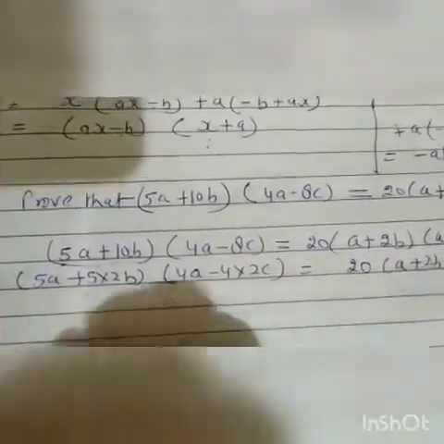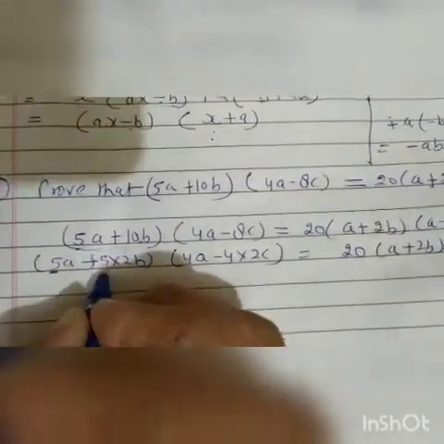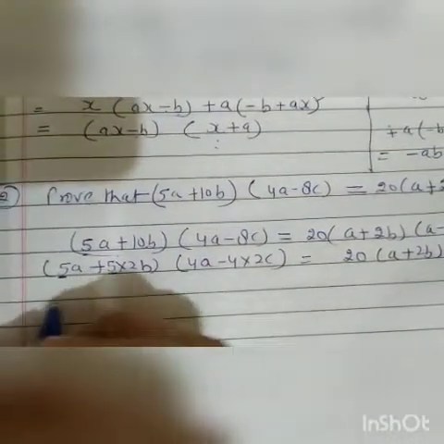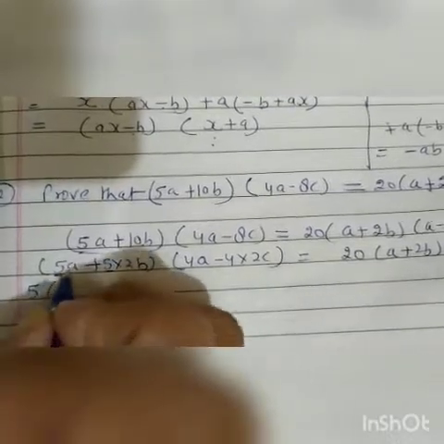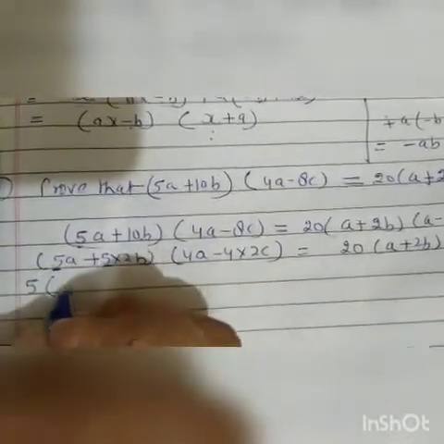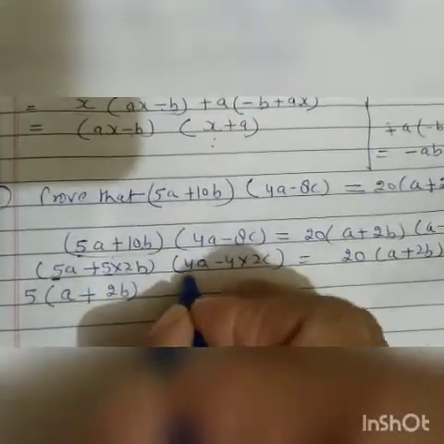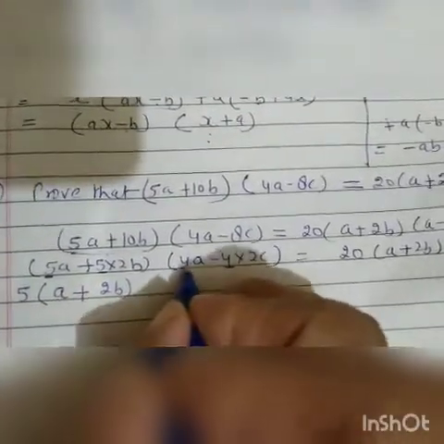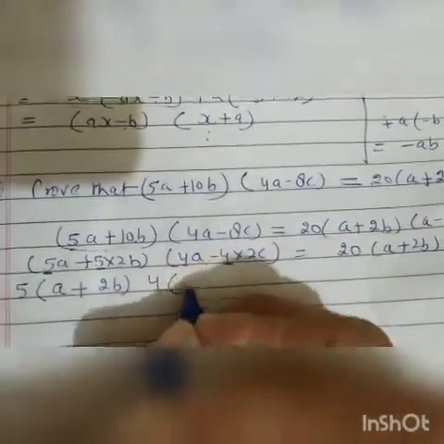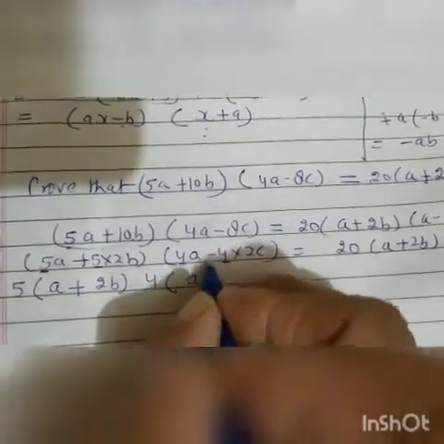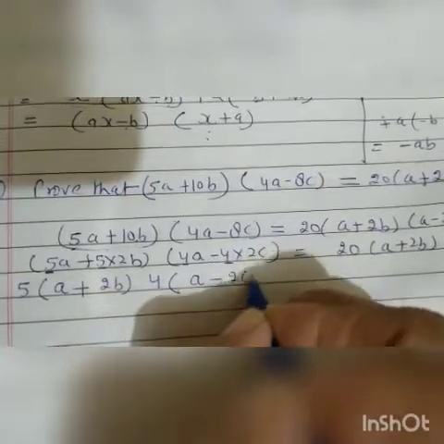Now we can take common 5 from the first bracket only. If we take 5 common from the first bracket, A is left here plus 2B. Then we are taking 4 common from the second bracket. What is left? A minus 2C.